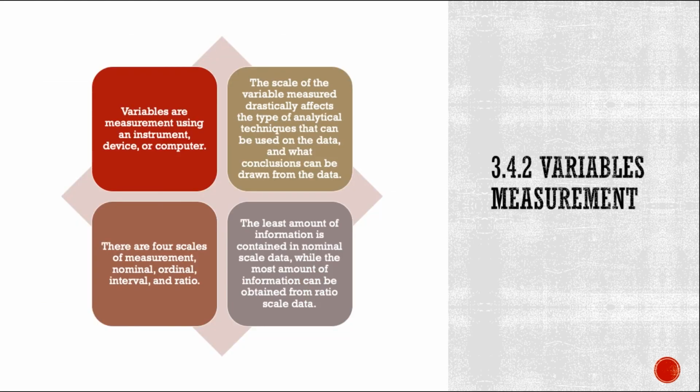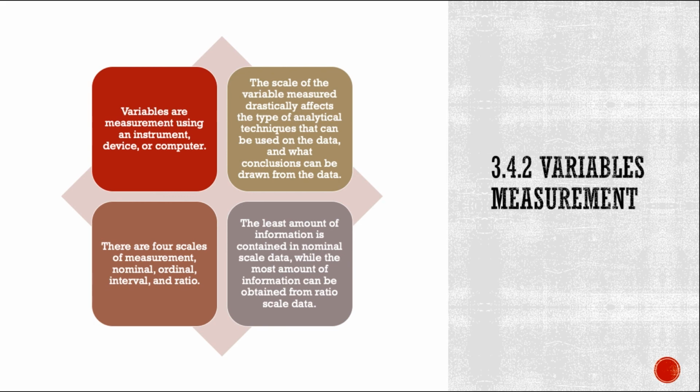So what are the variables now, or the measurement of the variables? Before you go and create your questionnaire, you must first measure and define your variables in order to have valid and reliable questions. Variables are measured using an instrument or device or computer.